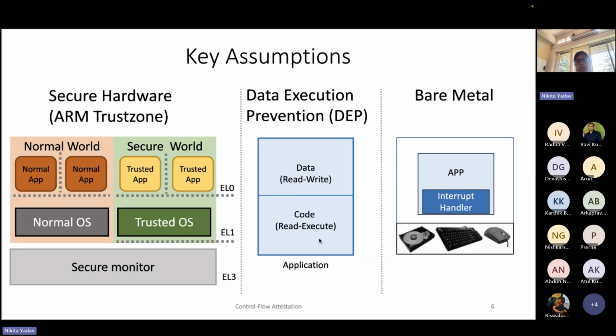So our code pages we will mark as execute only, and the data pages are read-write and they are not executable, which prevents the attacker from launching any code injection type of attacks. Then lastly, we assume that the application is running on bare metal hardware, so there is no privileged software running below the application, such as an operating system.